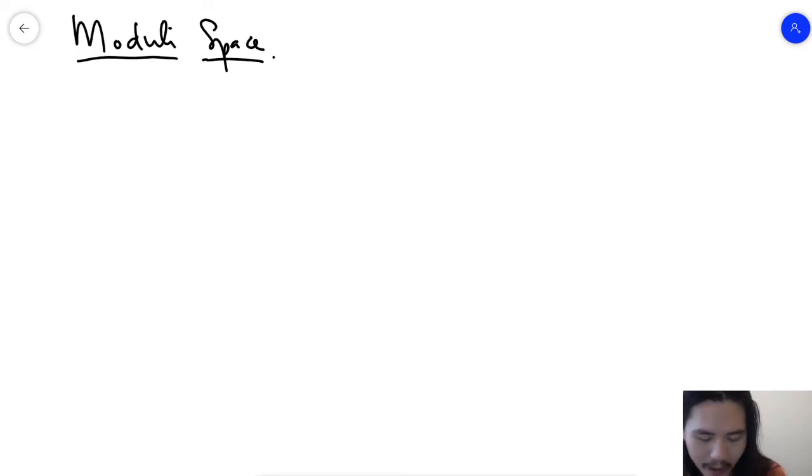Okay, so what is moduli space? Moduli space, in other words, is just a parameter space. It parameterizes a collection of objects that you wanted to study. By considering the collection of objects instead of just a single object, one can get more property out of it.